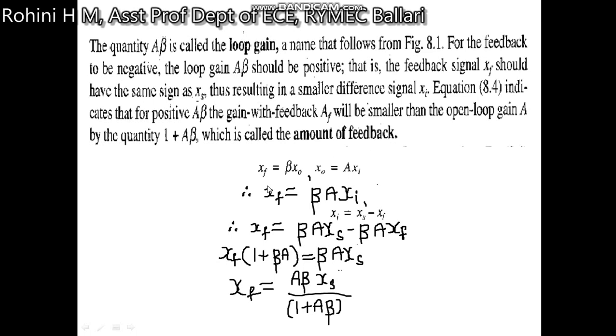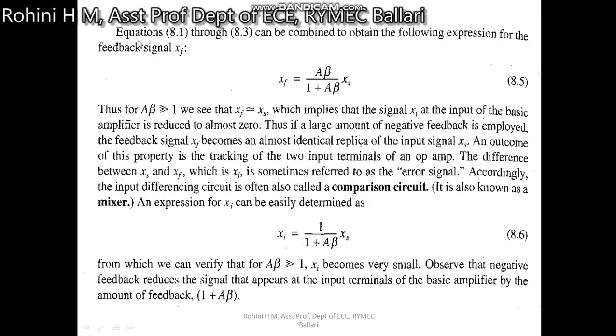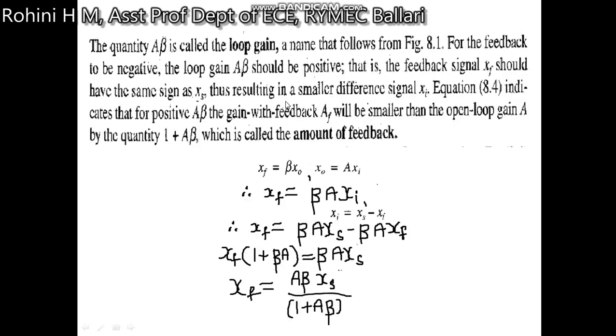Now if we consider the three expressions 8.1 to 8.3, we can write the feedback XF as this. How are we obtaining this expression? We have feedback signal XF is equal to beta into X naught, and X naught is equal to A into Xi, from the previous expression. So I write X naught as A into Xi, so beta times A Xi. And what is Xi?